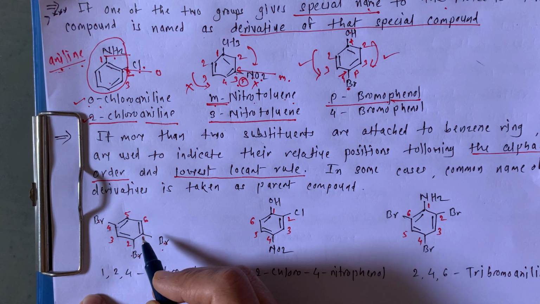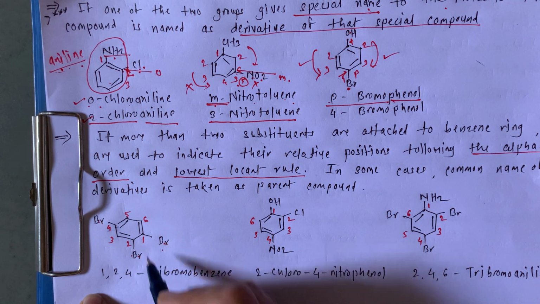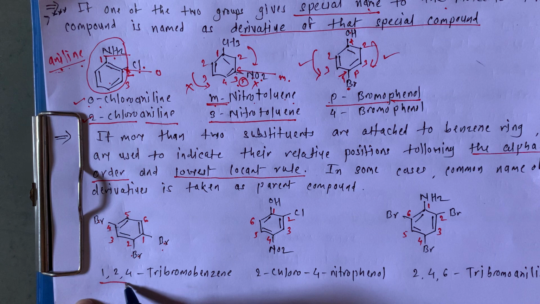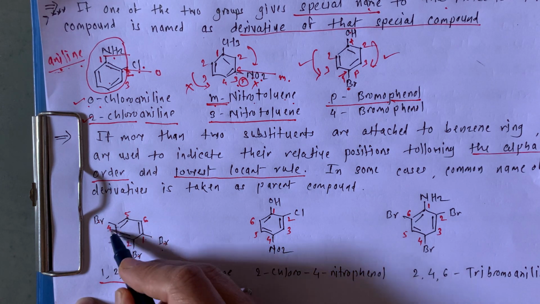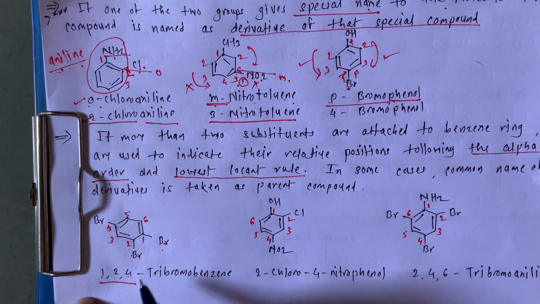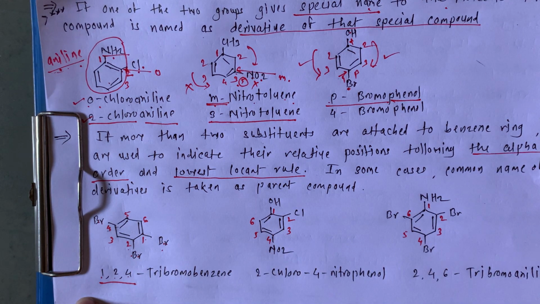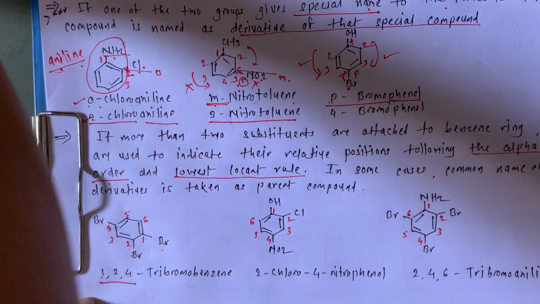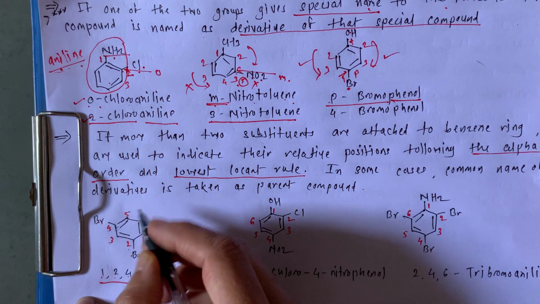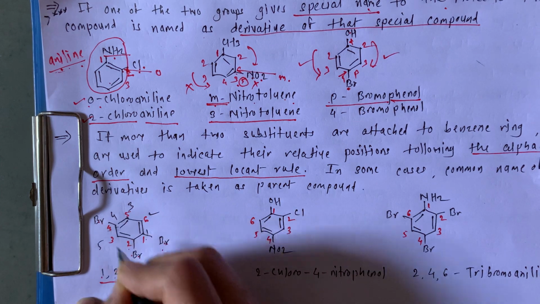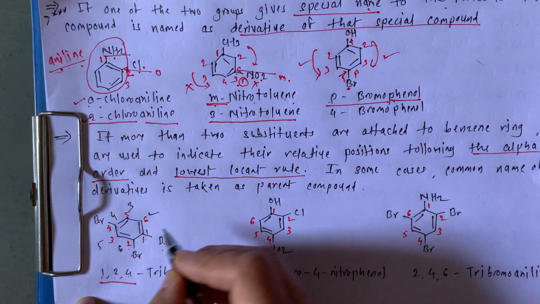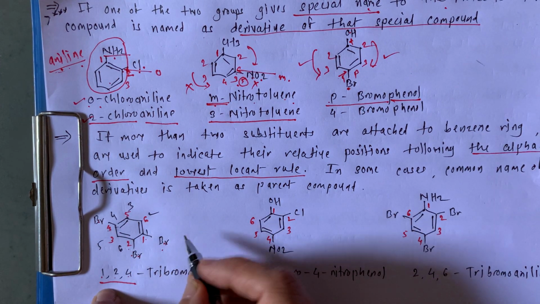You can start from the bromine atom which gives the smallest locant. What is that? If you start from here, 1, 2, 4. But if you start from here like this, numbering from this carbon in this way, then it is 1, 2, 3, 4, 5, 6. So what is the set of locants?